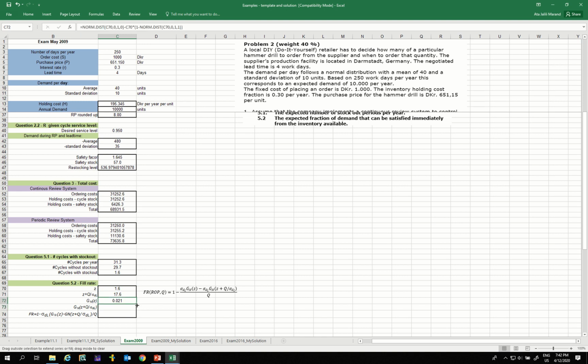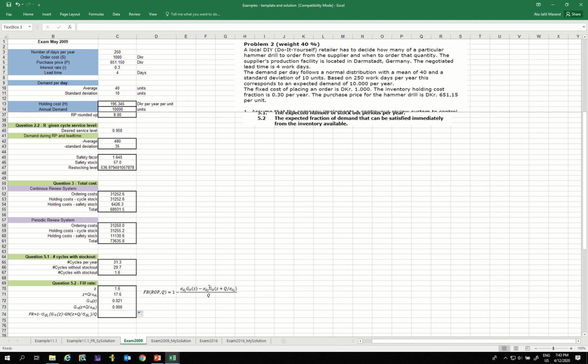Okay, so I need to use this to do the same calculations for Gn of Z plus Q over sigma dL. And here you can see it is very small. It is 0 as it appears here.